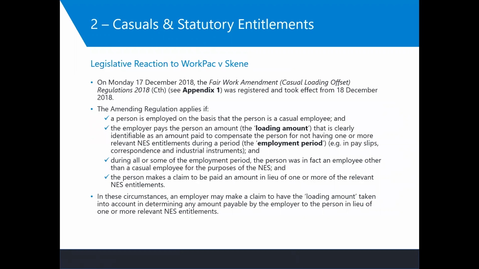But what they have done is introduced an amendment to the Act such that if you, as an employer, get caught out in a situation where you've had someone engaged as a casual, you've paid them an amount, being the loading amount, that is clearly identifiable as an amount to compensate for not having one or more of the relevant statutory entitlements, and they were actually, in fact, an employee other than a casual for the purposes of the NES, like Mr. Skene, and then that person makes a claim to be paid an amount in lieu of one of those entitlements, then the employer may seek to have the loading amount taken into account when the court is determining, not the individual parties, but when the court is then determining any amount payable by the employer in lieu of those entitlements.